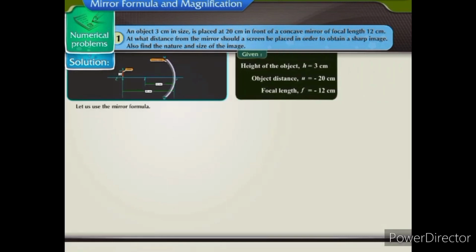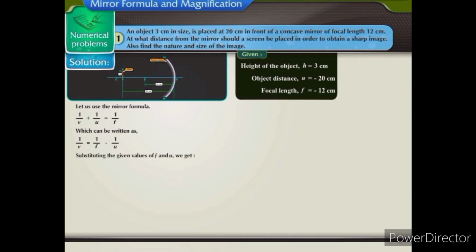Let us use the mirror formula. 1 divided by v plus 1 divided by u is equal to 1 divided by f, which can be written as 1 divided by v is equal to 1 divided by f minus 1 divided by u.